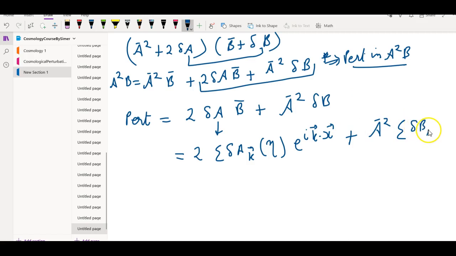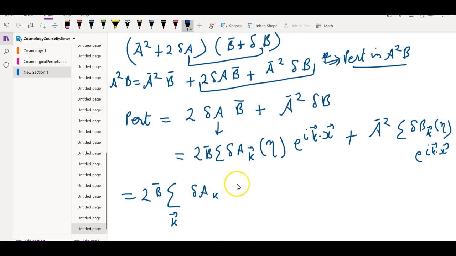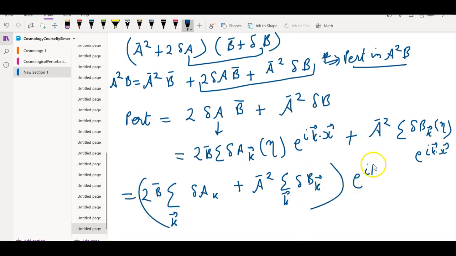The Fourier expansion of delta b is delta b k eta e to the power i k dot x, and I can write this as 2 times b bar sum over all k delta a k plus a bar square sum over all k delta b k e to the power i k dot x.